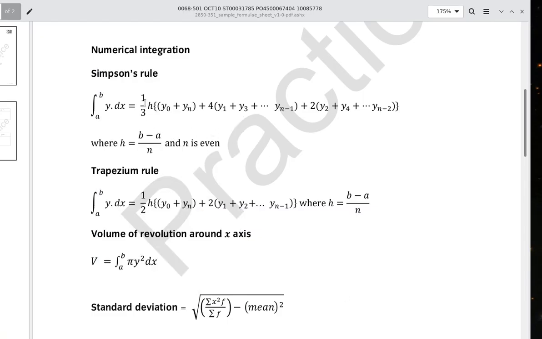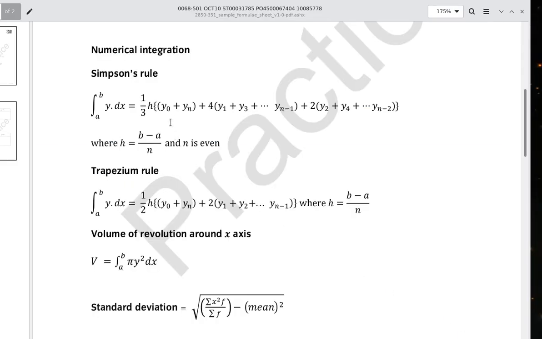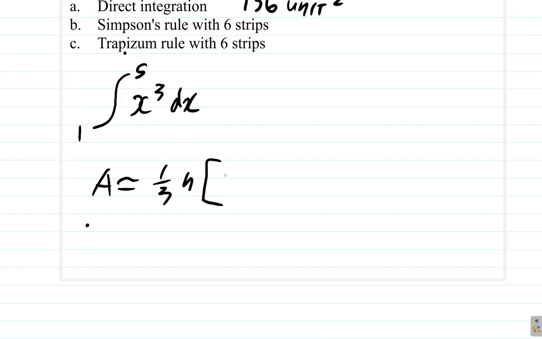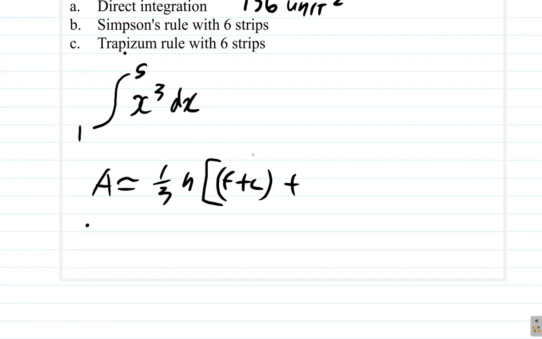For Simpson's rule, the area is approximately equal to 1/3 h times the sum of the first and last, first plus last in brackets, plus 4 times the odd plus 2 times the even ordinates.